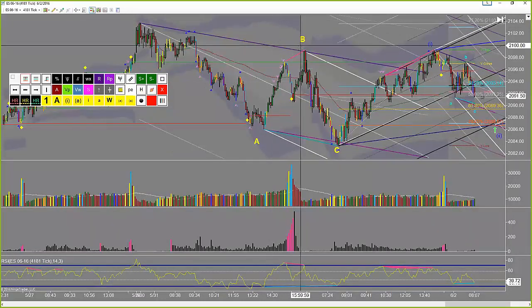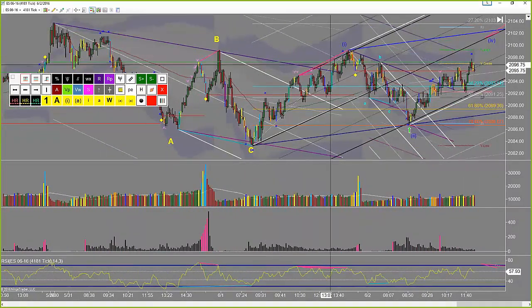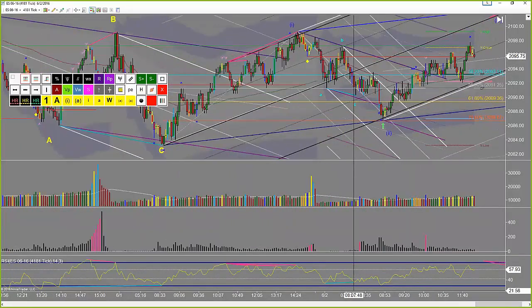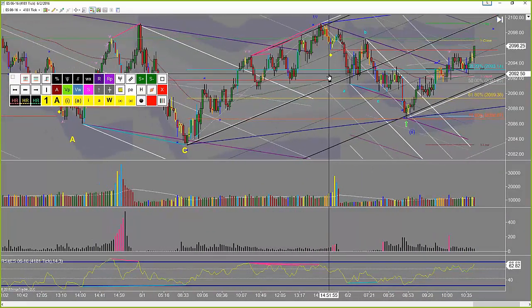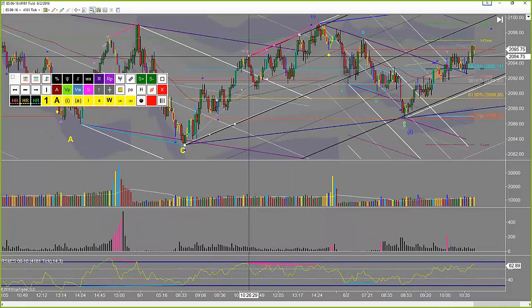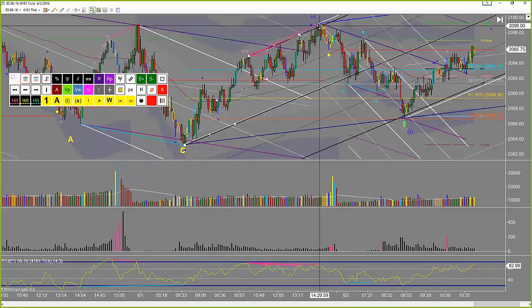So it came down in a perfect ABC for the end of wave 4, and then wave 1 up is an impulse move up. And then this morning, it came down. So I had drawn this one in before we started the room. I drew this channel from the high here to the high here, let it overthrow that just a little bit.